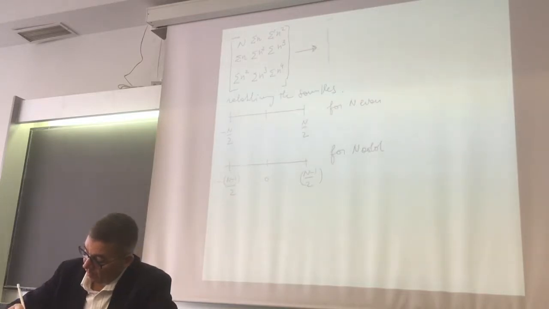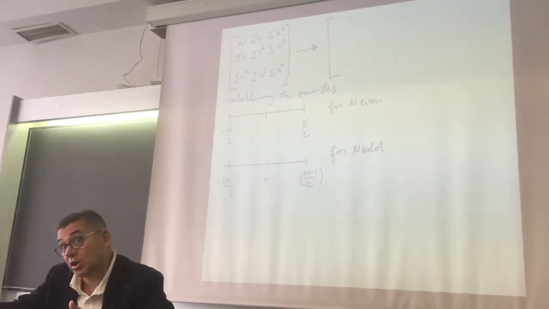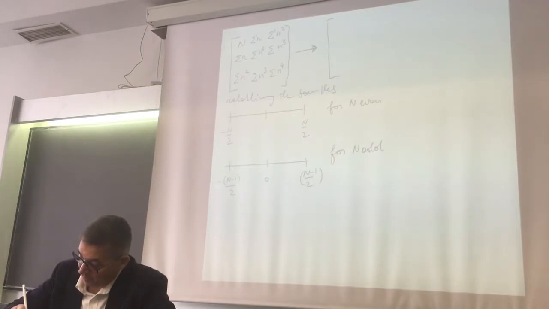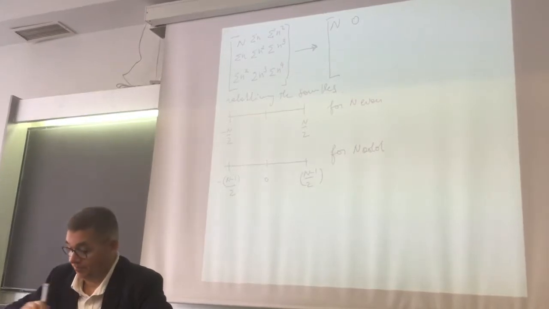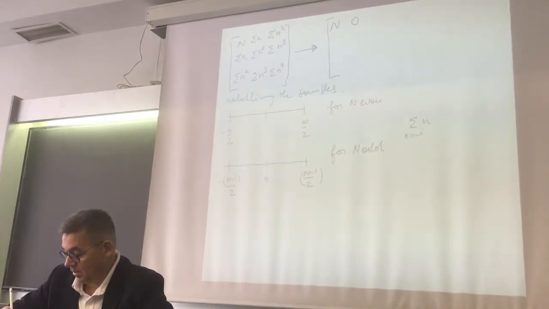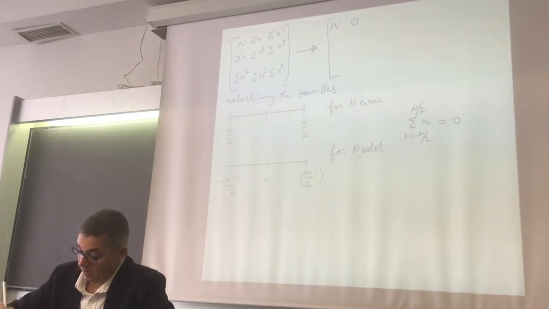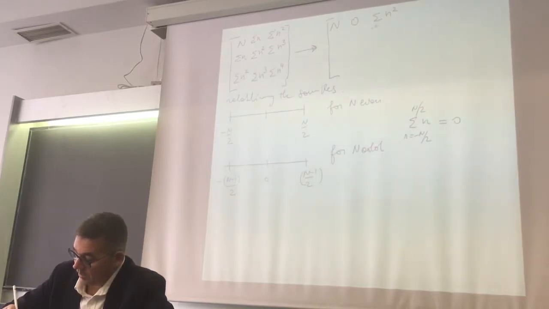Then I only have the sum of the terms that are not odd. Now this is 0 because it's the sum of n, when n is going between minus n half and n half. Now I have a sum of n squared, between minus n half and n half.